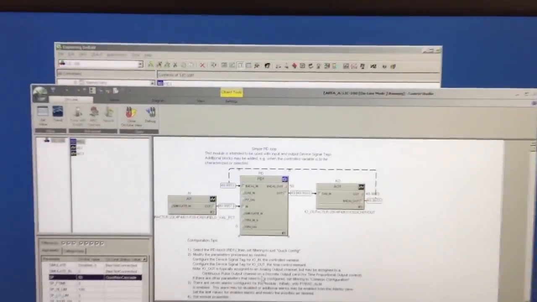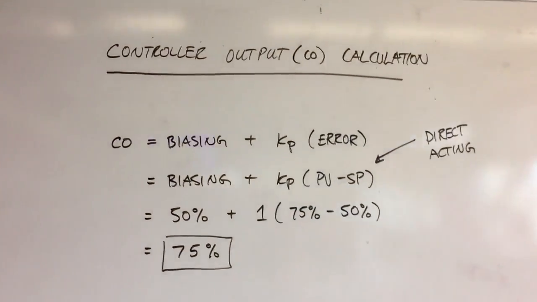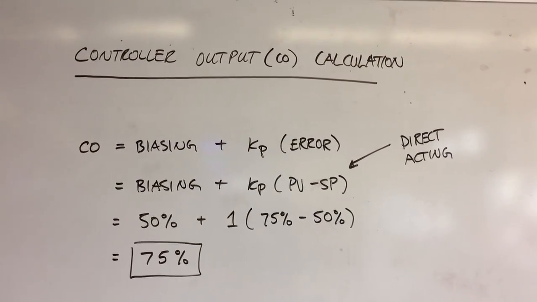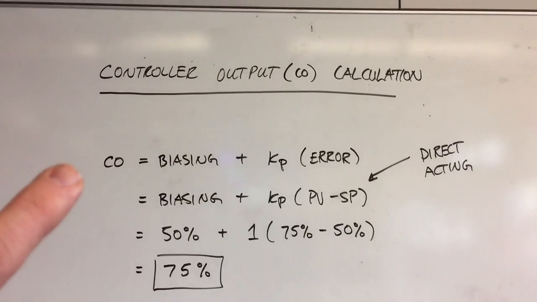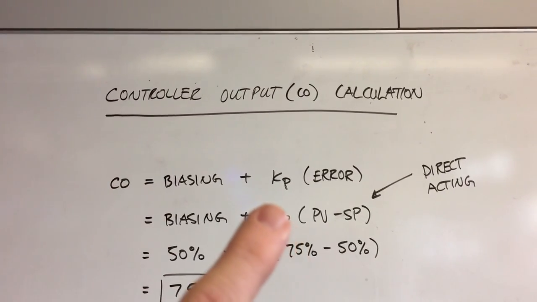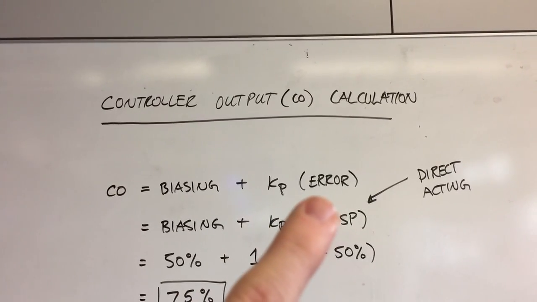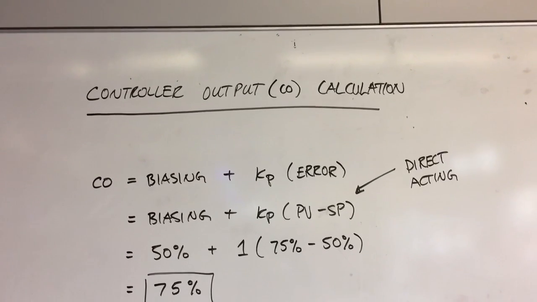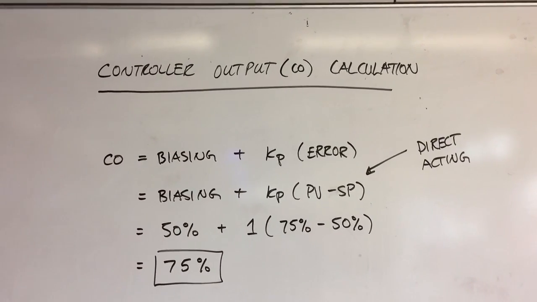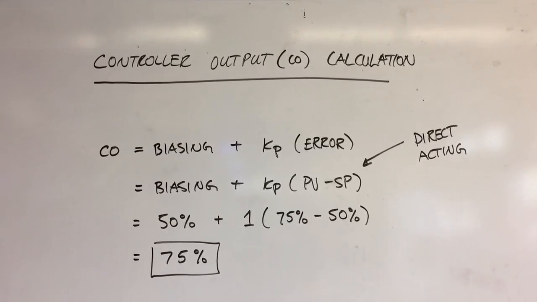Let's go over to the board here quick, just to do a quick talk on that calculation. Going back to the controller output calculation, on the left here we have CO, controller output, equal to the biasing plus the proportional gain, which we set to 1, times the error. Since we're working with a direct acting controller, the error calculation is process variable, or PV, minus the set point, SP.